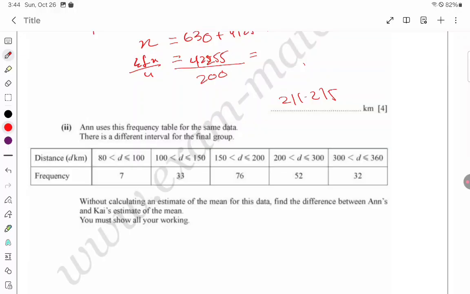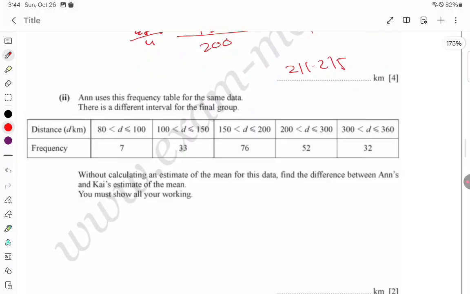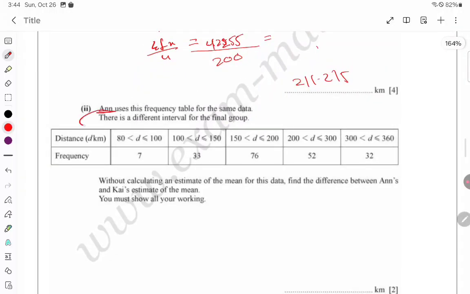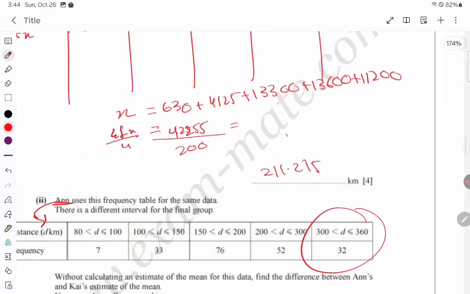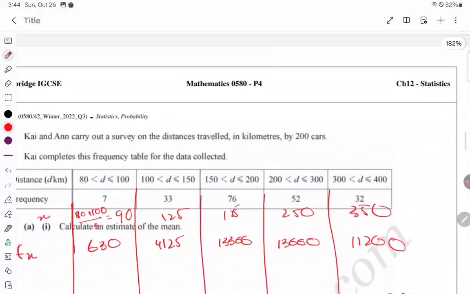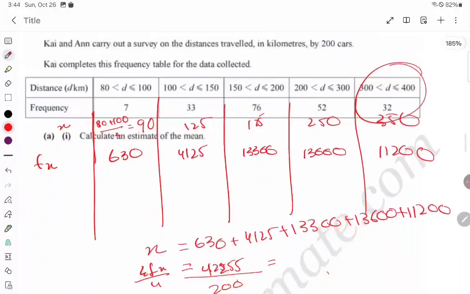For the 2, Chi uses this frequency table for the same data, with this being the difference interval for the final group. Without calculating an estimate of the mean for this data, find the difference between n's and chi's. So this table is for n's. Now consider n's for this table and for chi this table.